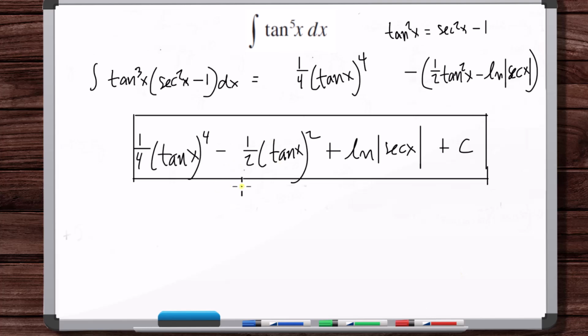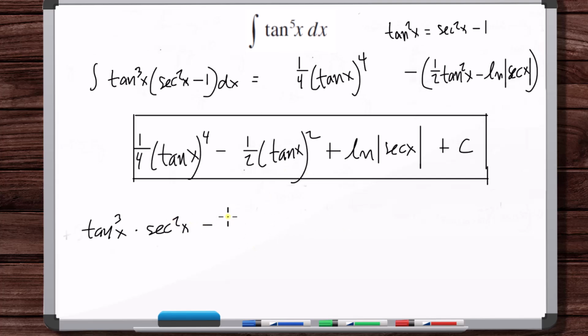Okay, and let's check this answer. I'm looking at the textbook answer key, and it's saying that this should be secant x to the fourth, but I think that both answers are correct. Let's take this derivative and see if we can get tangent to the fifth of x. Chain rule here. This is going to be tangent cubed of x, bring down the 4, and times the derivative of tangent x, which is secant squared x.